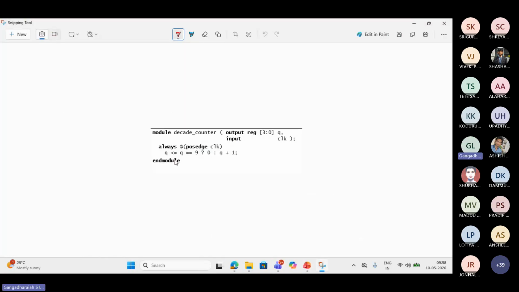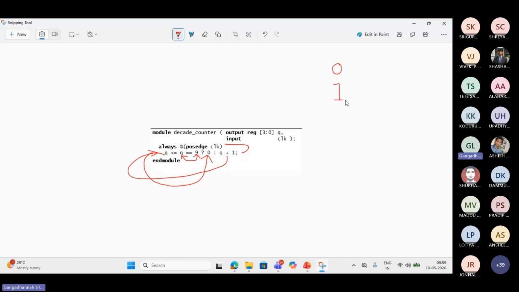Try to understand. The condition is: is Q equal to 9? If true, this Q gets the value of 0. If Q is not 9, say Q is 0, what will happen? Next Q becomes Q plus 1 when the next clock hits the digital system.